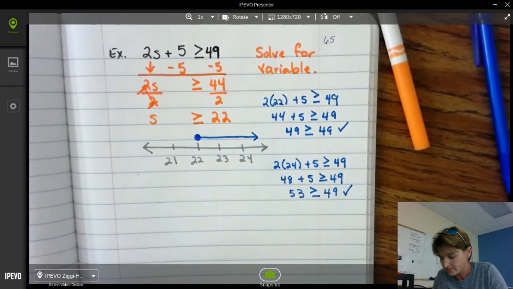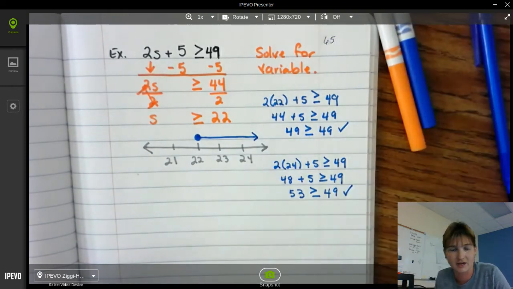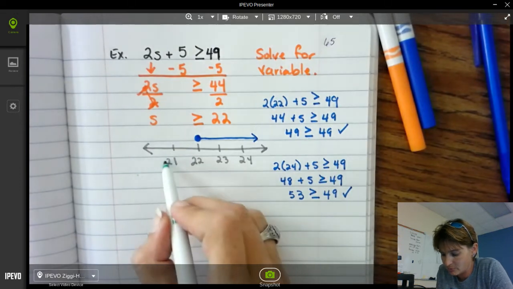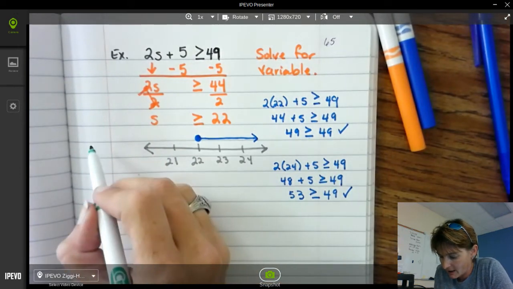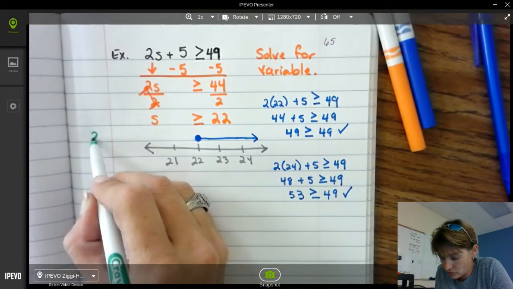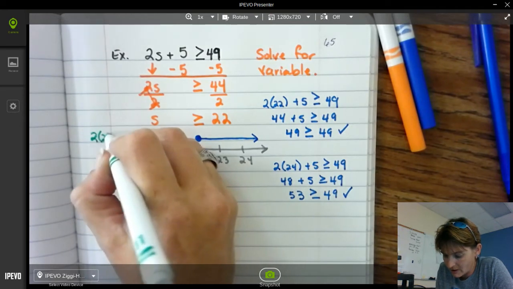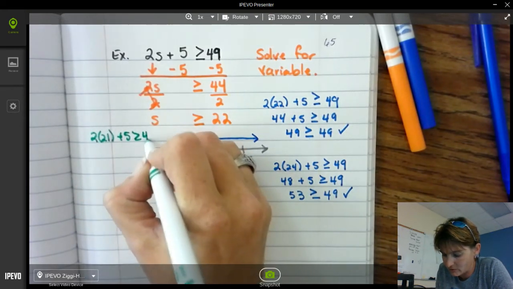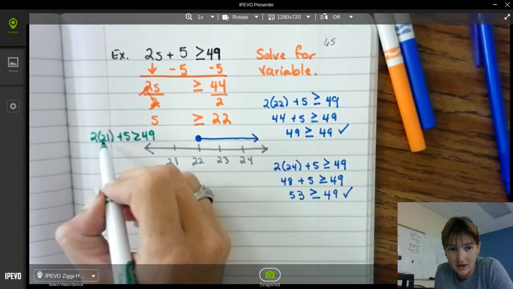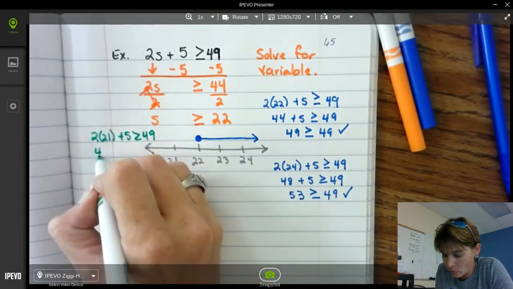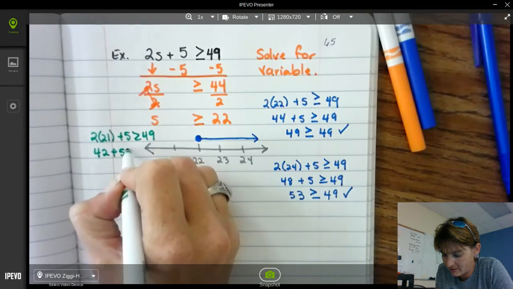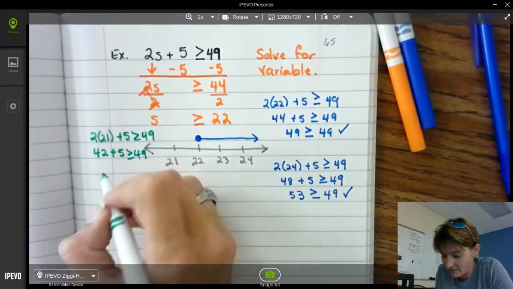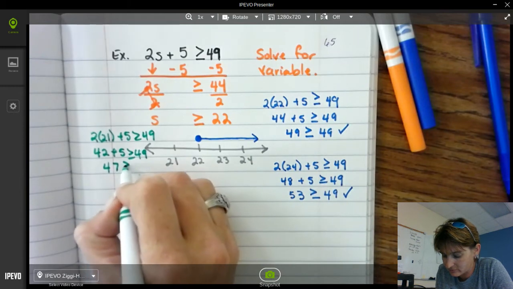Okay? If you wanted to check the other side that your arrow is not pointing to, then let's plug in 21. So if we have 2 times your 21 plus 5, we need that to be greater than or equal to 49. 2 times 21 is 42 plus 5. And 42 plus 5 is 47.